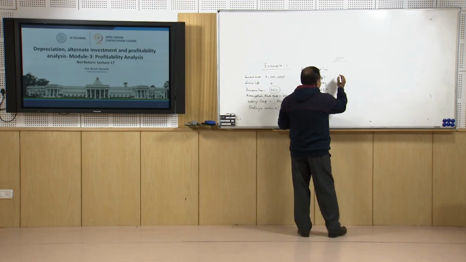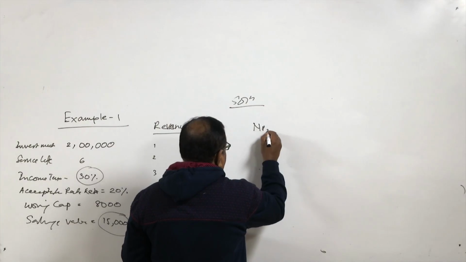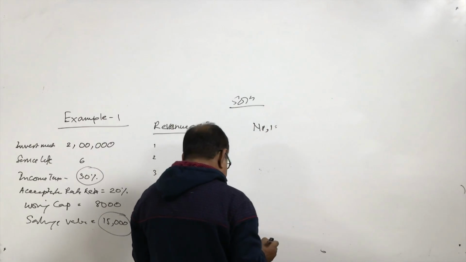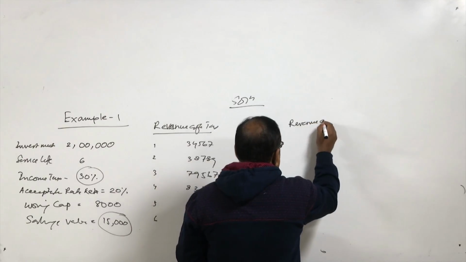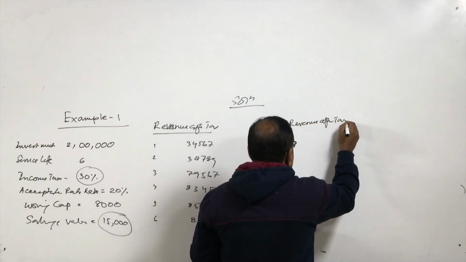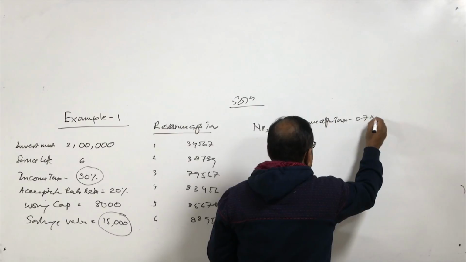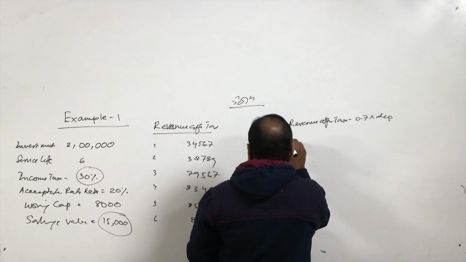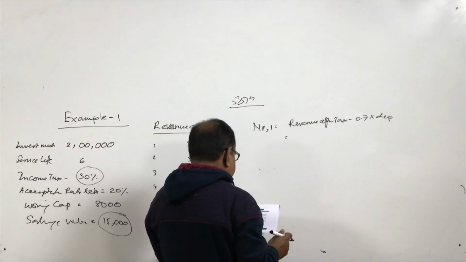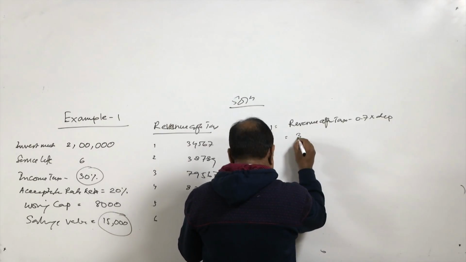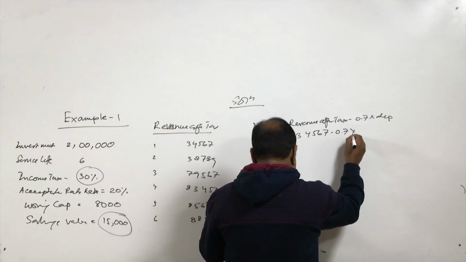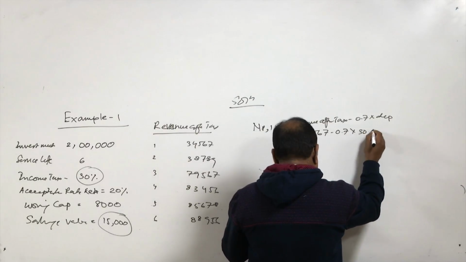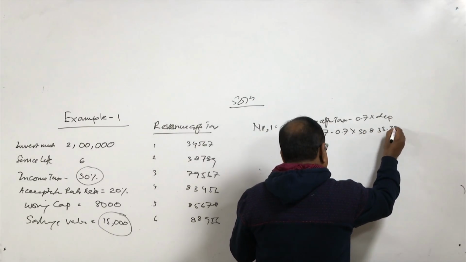So if I calculate NP1 for the first year, this is revenue after tax minus 0.7 into depreciation. Now the revenue after tax is given. This is 34567 minus 0.7 into 30833.33.